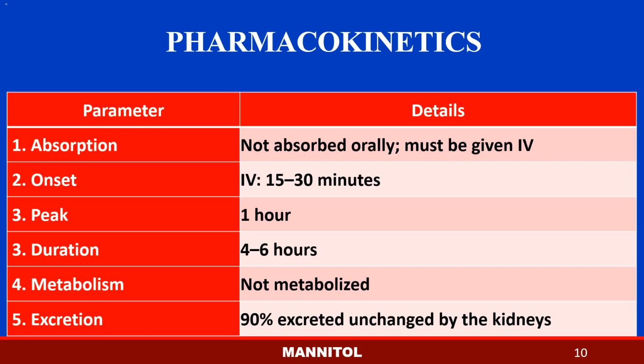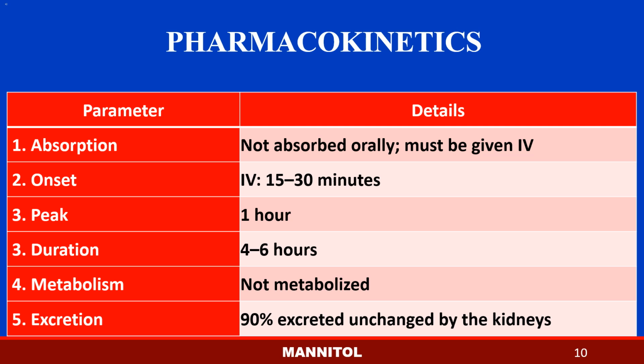Pharmacokinetics of mannitol. 1. Absorption. Not absorbed orally, must be given IV. Mannitol needs to be given through a vein to work. 2. Onset. IV, 15 to 30 minutes. Effects of mannitol start within 15 to 30 minutes after IV administration. 3. Peak. 1 hour.